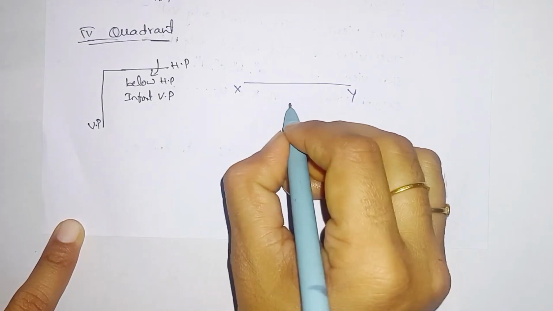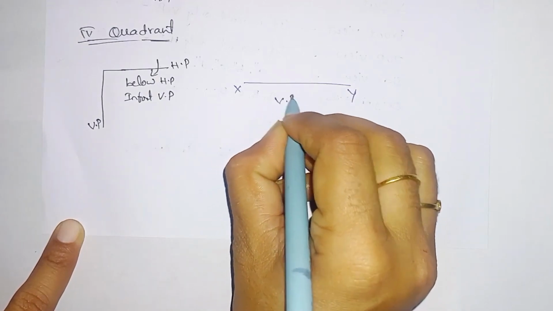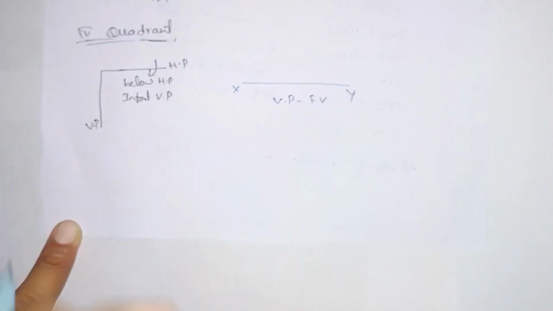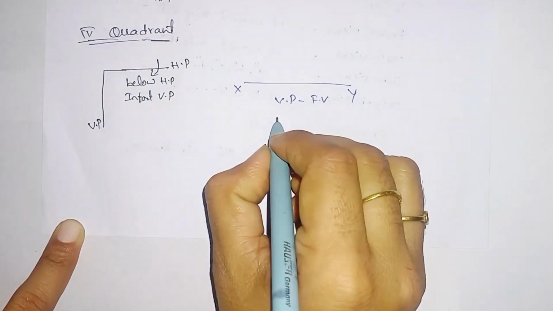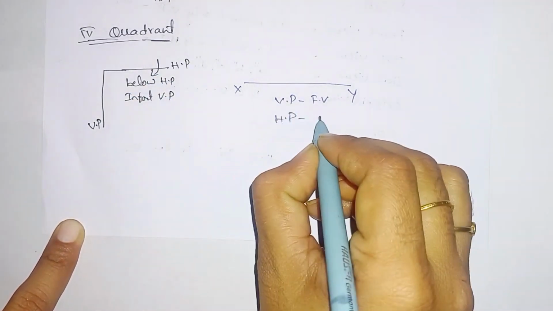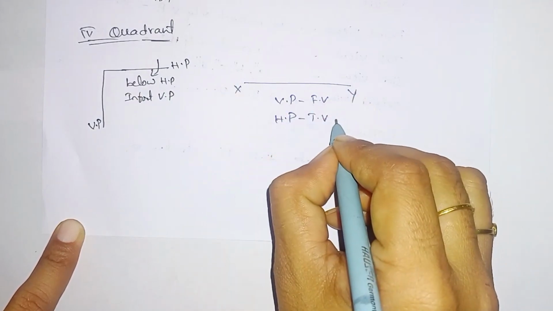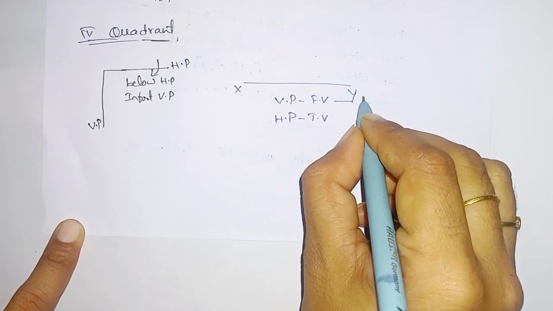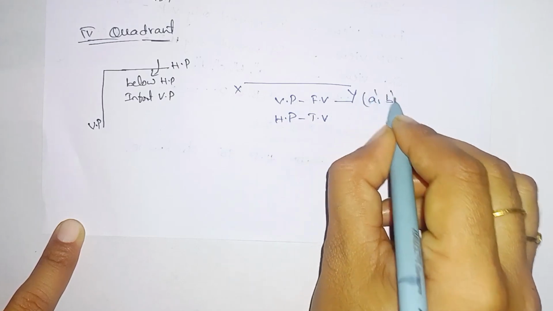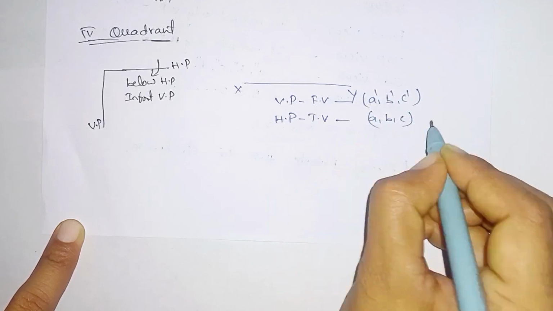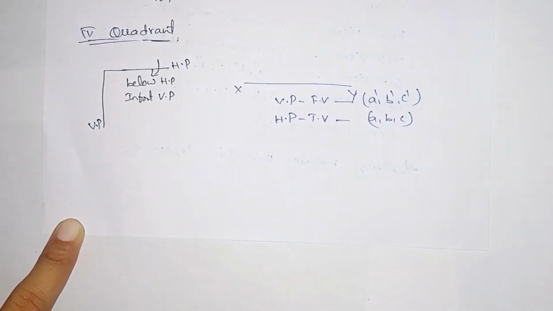VP is already downside, that is the front view, and rotating HP 90 degrees clockwise means HP also comes downside of the reference line. HP means top view and VP means front view, named A prime, B prime, C prime and A, B, C. These are the four quadrants.